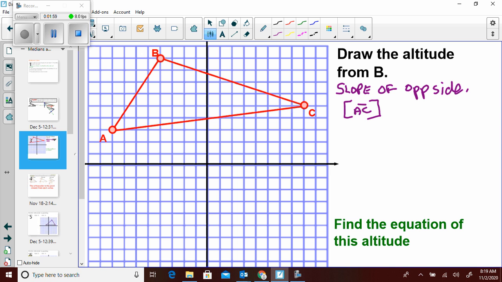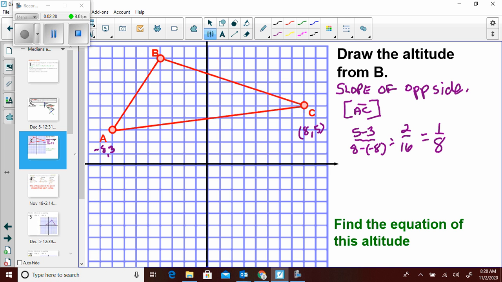So the slope of AC: this point is (-8, 3), and this is (8, 5). The slope is the change in y over the change in x. So it's 5 minus 3 over 8 minus -8, which is 2 over 16, which is 1/8.